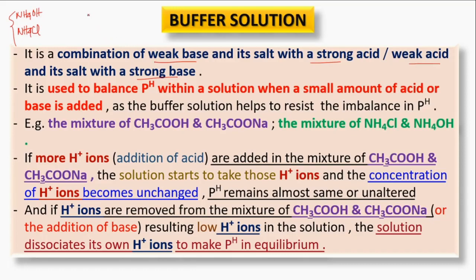Again, a weak acid, acetic acid CH3COOH, and its salt, CH3COONa, sodium acetate. The mixture of these two solutions again acts as a buffer solution. The first is known as the basic buffer, while the second is known as the acidic buffer.